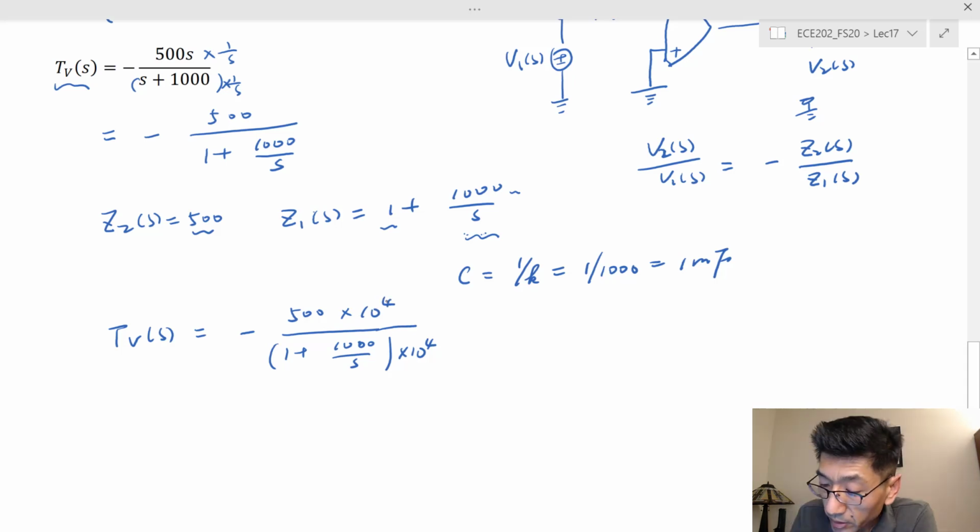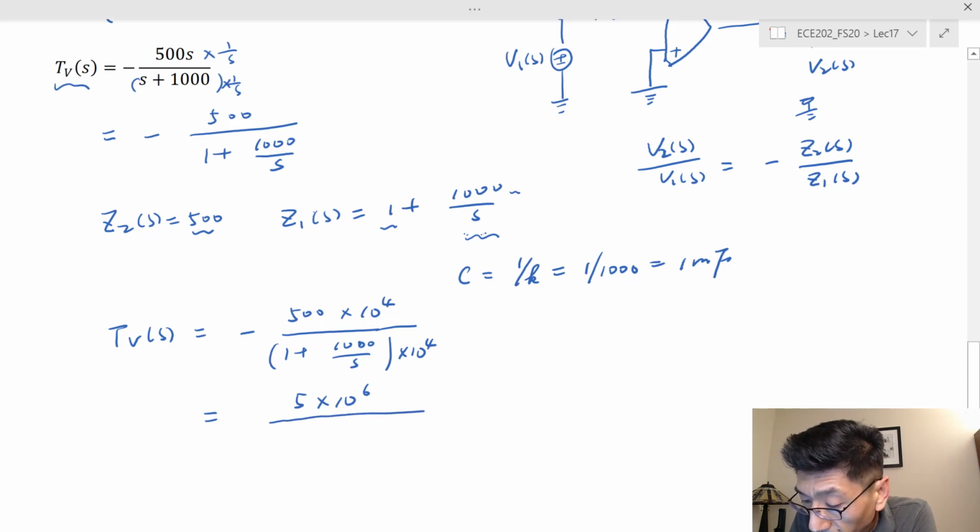So in this case, I will have 5 times 10 to the power 6, divided by negative here, divided by 10 to the power 4th plus 10 to the power 7th over s.